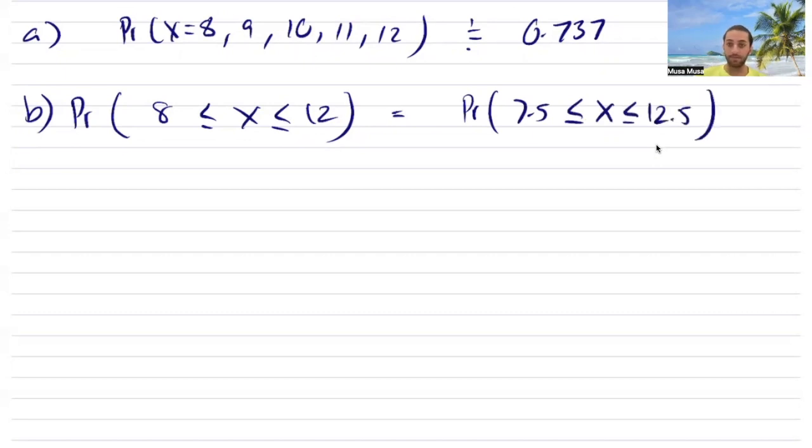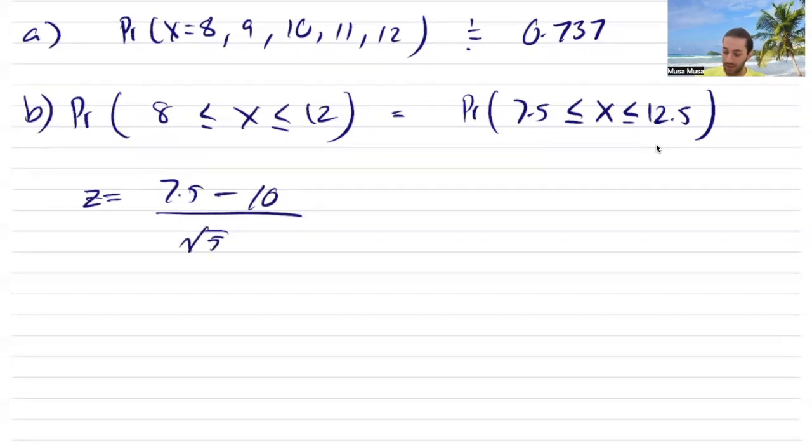Perfect. And now you have to figure this out. You have to find out what the Z scores are. So when X equals 7.5, I'm going to minus 10 and divide by the standard deviation, and this is going to equal minus 1.118, so minus 1.12.